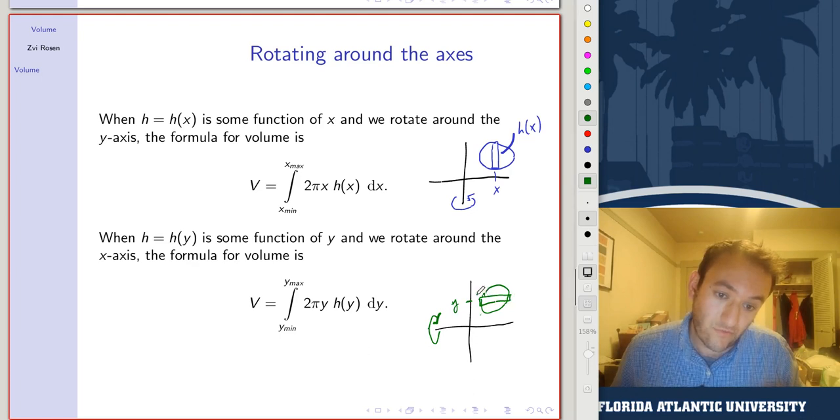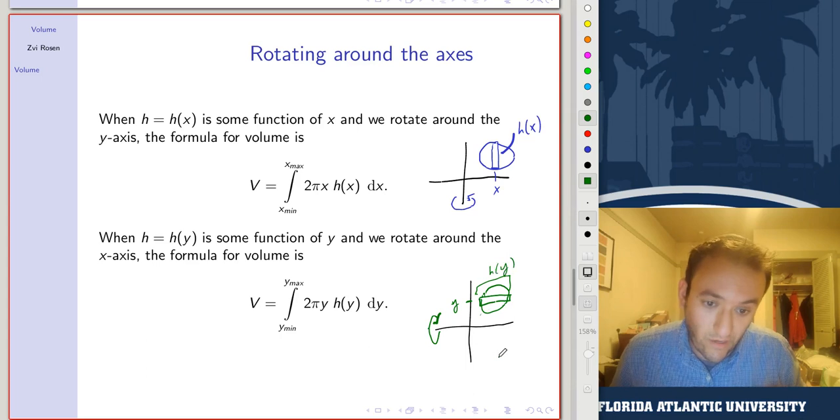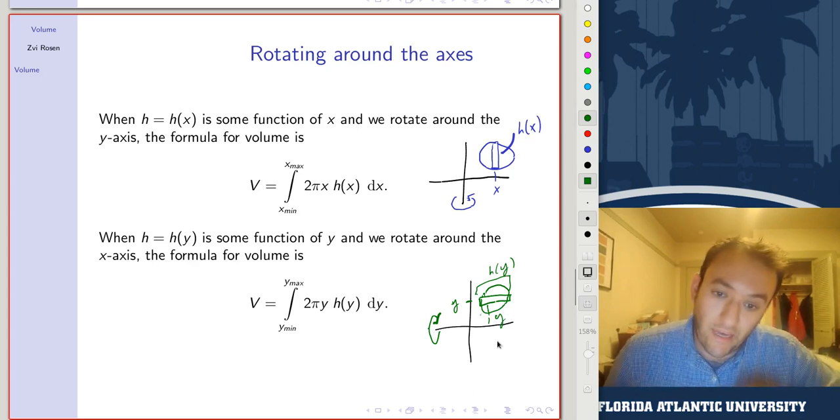This is h of y, and the distance from the axis of rotation is y. So the formula for the volume in this case is the integral from y min to y max of 2πy h of y dy.